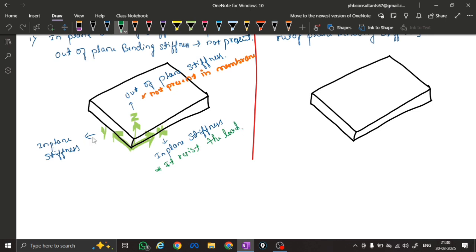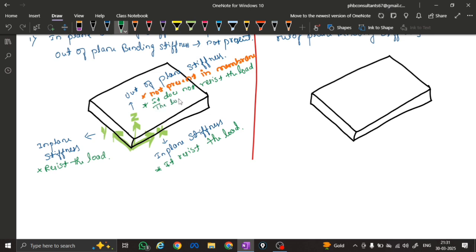So this y direction also, in plane stiffness, so this also resists the load. But this z direction in membrane is out of plane stiffness, so this is not present. So what happens, it does not resist the load.